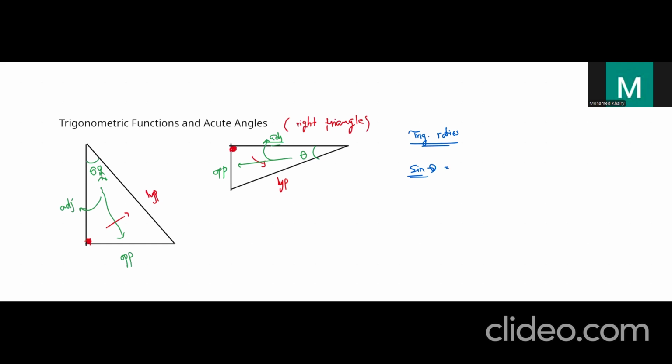Sine theta equals opposite over hypotenuse. Cosine theta equals adjacent over hypotenuse. Tan theta equals sine over cosine, or opposite over adjacent.